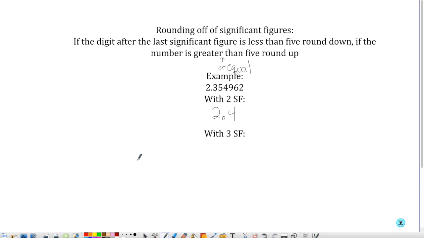Okay, now with this one, I want to round to this number. Now, a lot of people have the tendency to think, okay, well this number is 4, but this number is 9. So if I round, this will round up to 5, and then that'll round up, and they have a tendency to say 2.36. No, you only look at this number, okay? So this is 2.35. Rounds down. It's less than 5, okay? So that's counting significant figures and rounding significant figures.